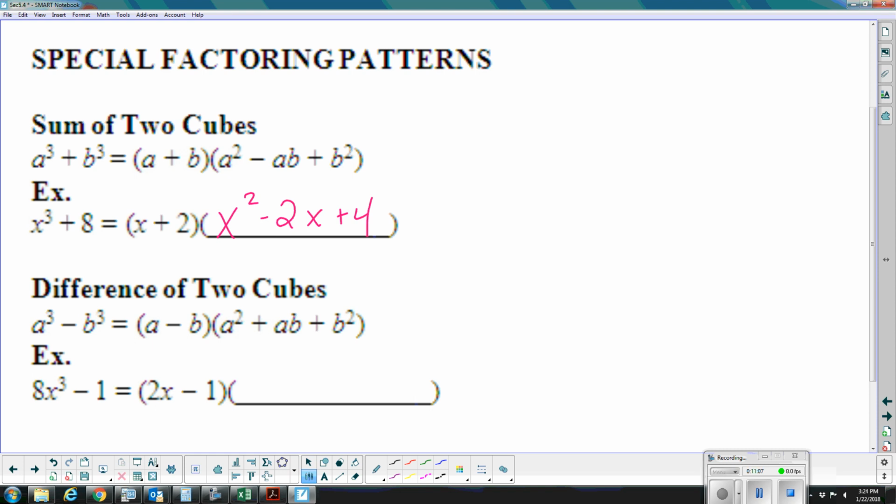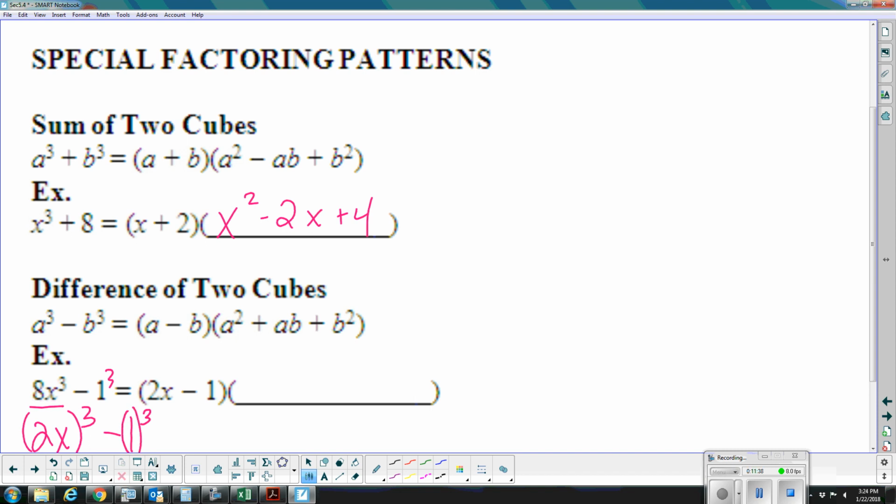So your difference of two cubes, 8x cubed minus 1: your a is 2x, so it's 2x cubed minus 1 cubed.